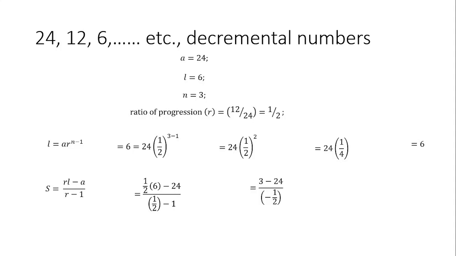Simplifying, 1 by 2 into 6 is equal to 3. 3 minus 24, divided by 1 by 2 minus 1, which is minus 1 by 2. So 3 minus 24 is minus 21, divided by minus 1 by 2. I cancel the negatives, shift the 1 by 2 to the top position, and multiply 21 into 2 to get 42, which is the sum.